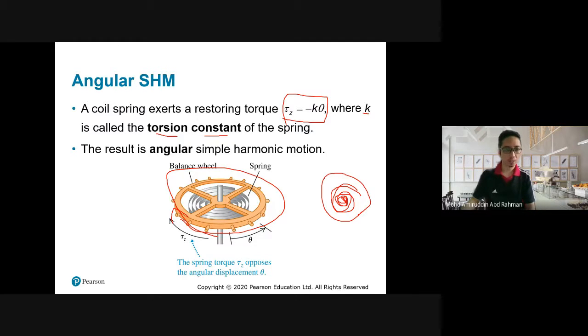That's how we define angular simple harmonic motion, where we have a moving object on top of the spring. Meaning that the spring will go up and down, and at the same time we have the circular motion around that. So we have the angular simple harmonic motion.